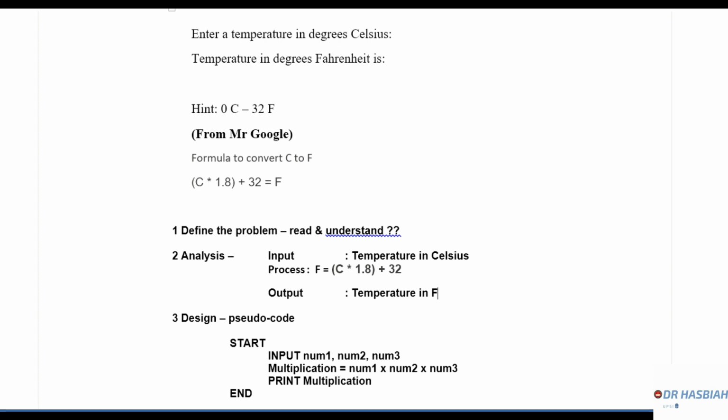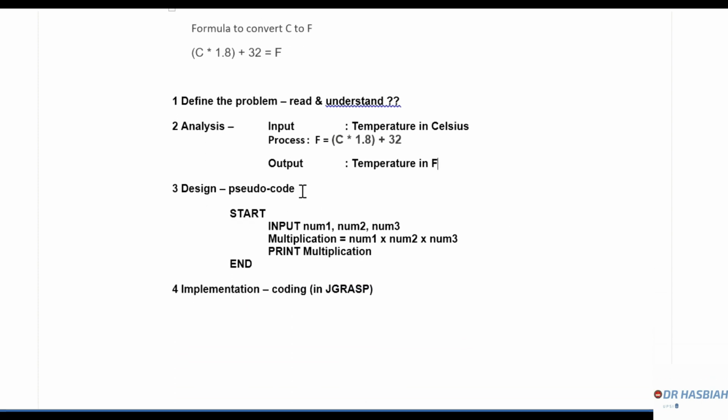After that, we try to do the pseudocode. Start, and then we just transform what we have in the analysis here. So we input what we want to input: the temperature in Celsius, right? Then after that, we want to do this calculation, this process.